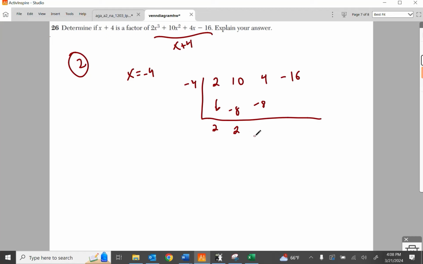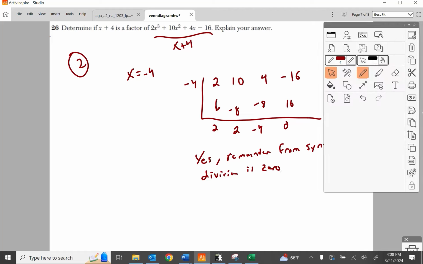I multiply and I add. I multiply and I add. And I could say yes, comma, the remainder from synthetic division is 0. Something else I could do. All right, so there's one technique.